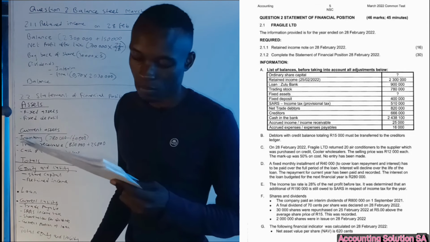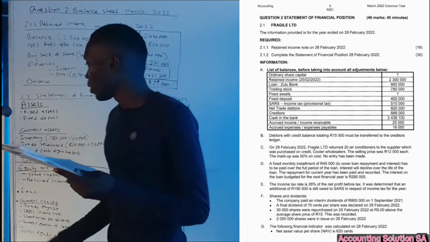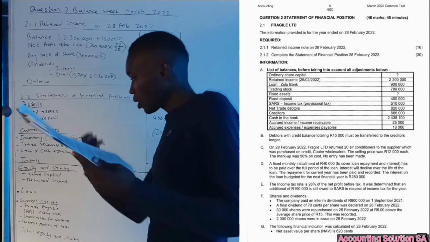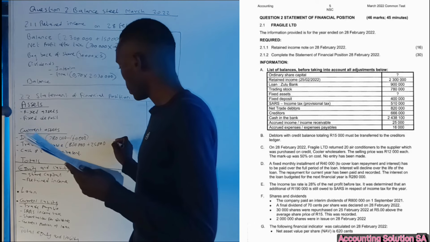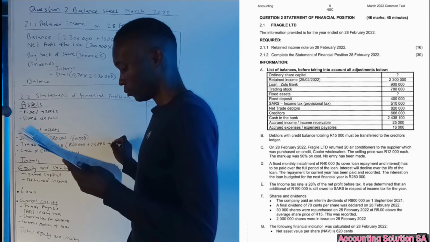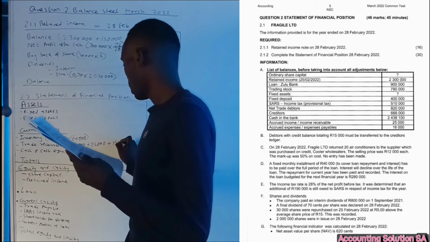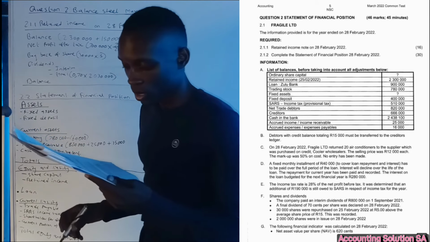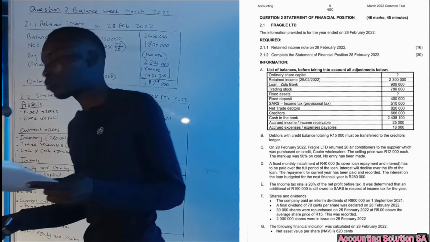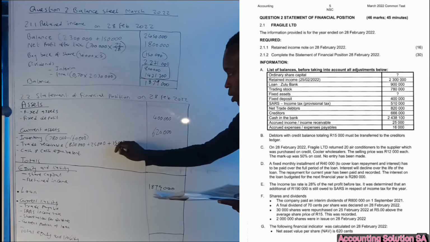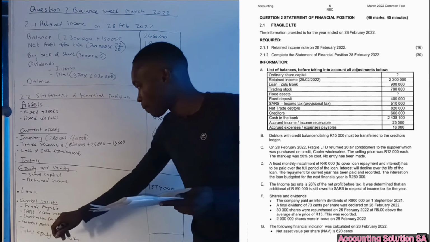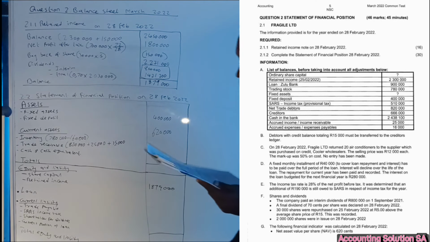This one is very simple because it's a credit balance. We have to add it under assets and also add it under what? Liability. It's going to be plus 15,000. But if it was a debit balance, we would subtract on the bottom as well. So remember this one, we're still going to adjust it under what? Trade and other payables.